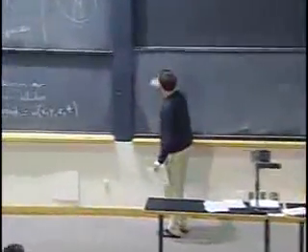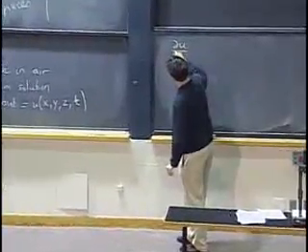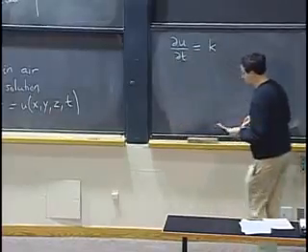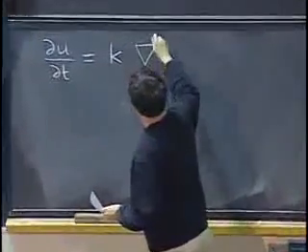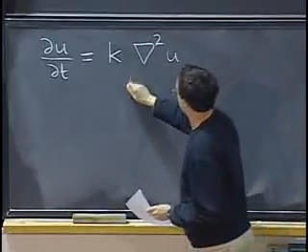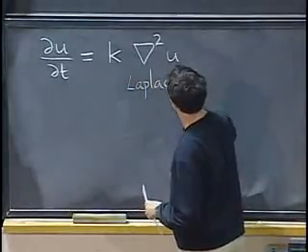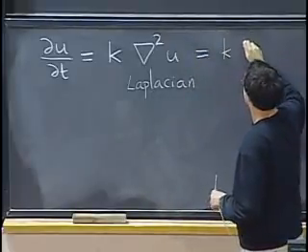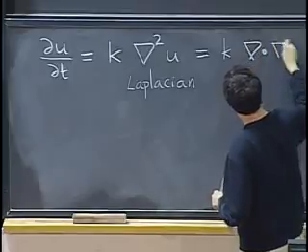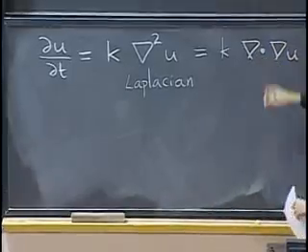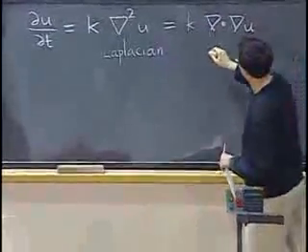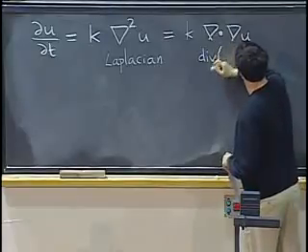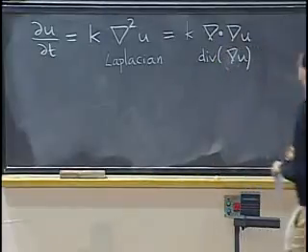So what's the equation? The equation is partial u, partial t equals some constant, let me call that constant k, times something I will call del squared u, which is also called the Laplacian of u. And what is that? Well, just to scare you, del squared is the divergence of the gradient of u, using this notation for gradient.